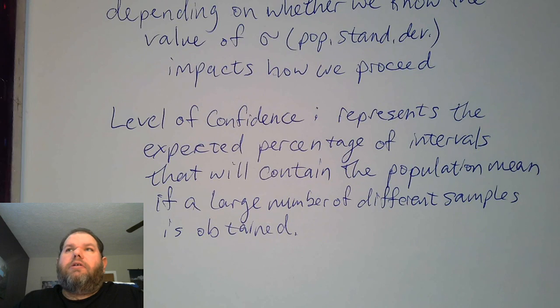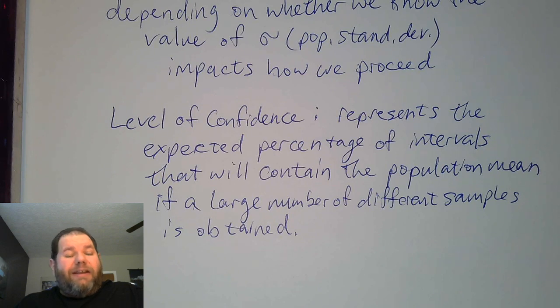So, do we want to be 90% confident? Do we want to be 95% confident? Do we want to be 99% confident that the mean is between these two values? So there's different levels of confidence that we can use.